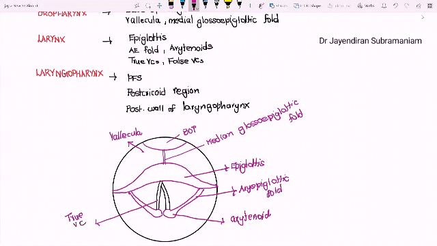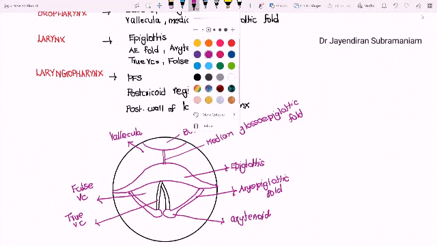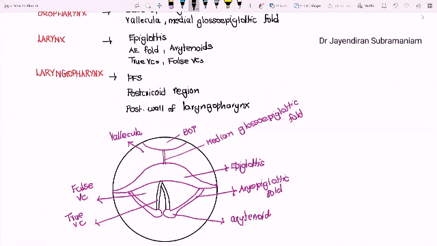Here we will see the false vocal cord, otherwise known as ventricular band. This is a false vocal cord. So true vocal cord, false vocal cord, and between the two vocal cords we can see the tracheal rings. So trachea can be visualized through this glottic opening between the two vocal cords.